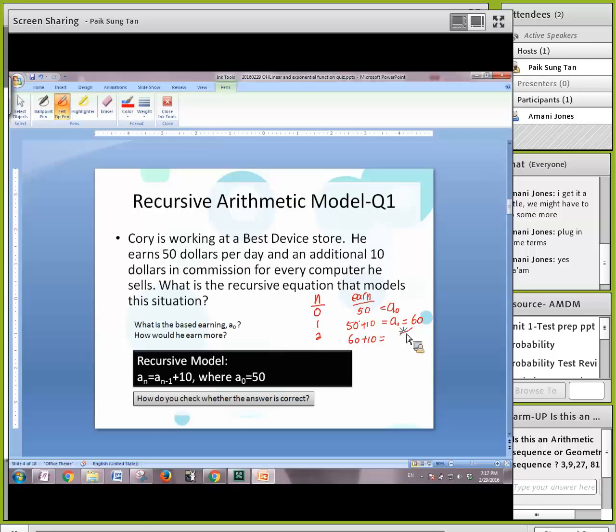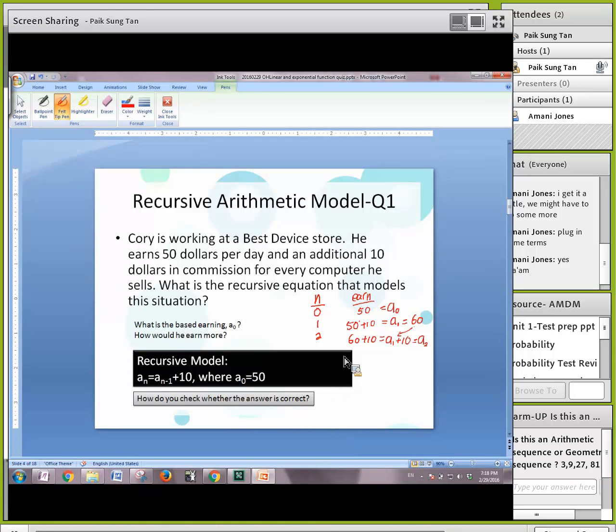You bring the 60 down, and it's actually a_1. So 60 is a_1 plus 10, and that gives you a_2. That's called recursive. You're using a previous number to calculate the next number.